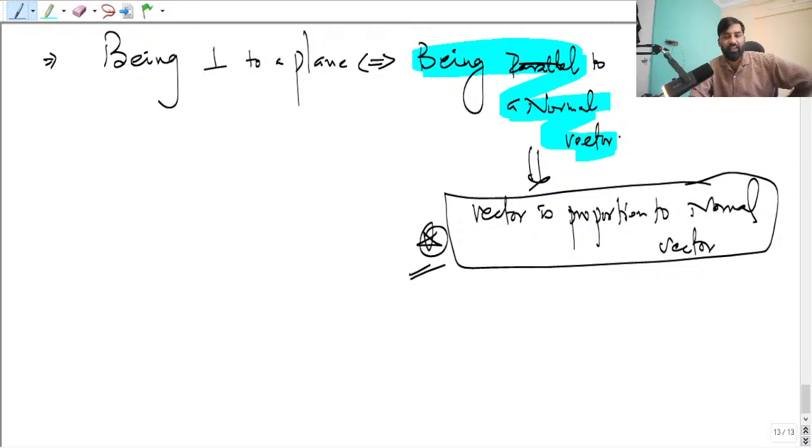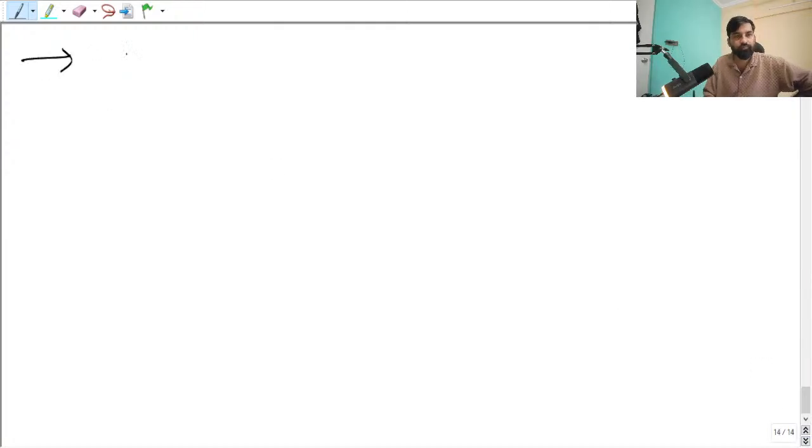So if you want to test whether a vector is parallel to a plane, what about this vector v being parallel to a plane? They are not asking about perpendicular, but if I want to test whether this v is parallel to a plane, how to test it?